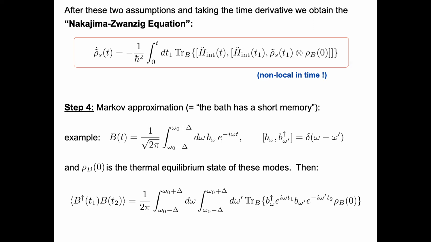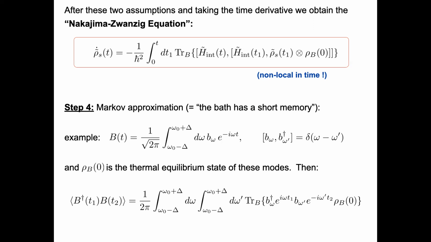Here we have a dagger, so that's why we have a B dagger, e to the plus i omega t1. And the other one is a sum of these omega prime operators, and they are B, so they oscillate with e to the minus i omega prime t2.